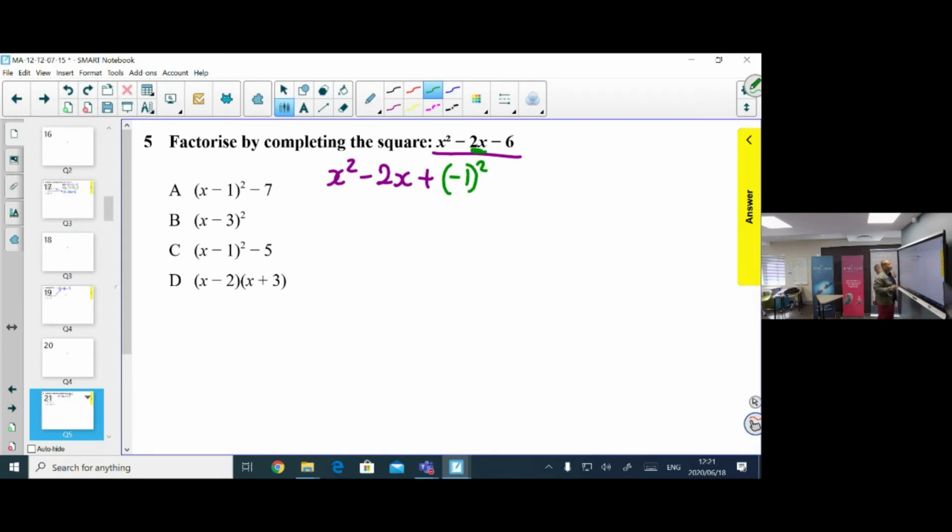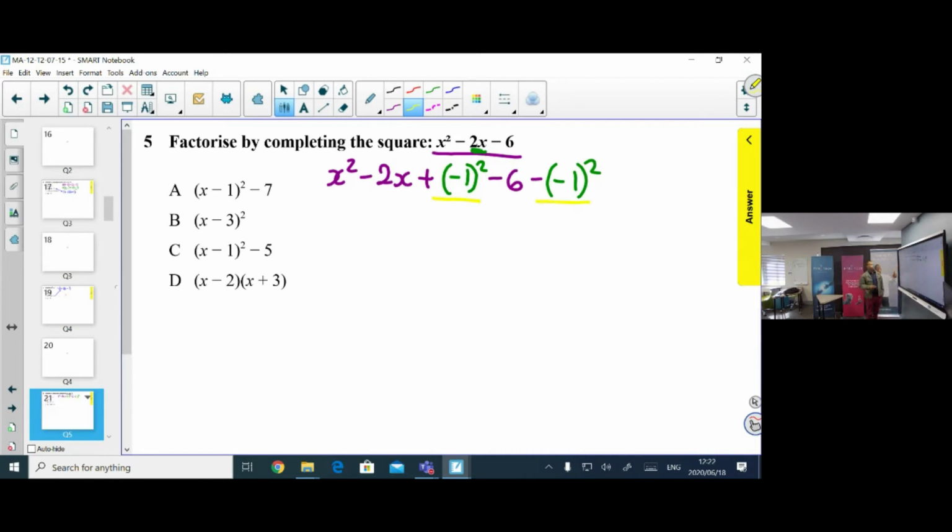So you square, and then you continue as if nothing has changed on the expression, but you are aware that you've put something foreign that you must now remove, which will be minus 1 squared. So if you check, we added minus 1 squared and we removed minus 1 squared.